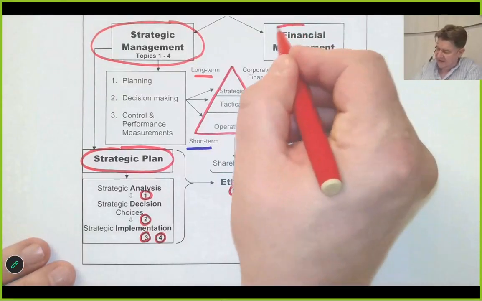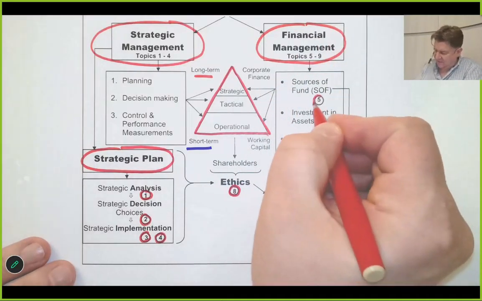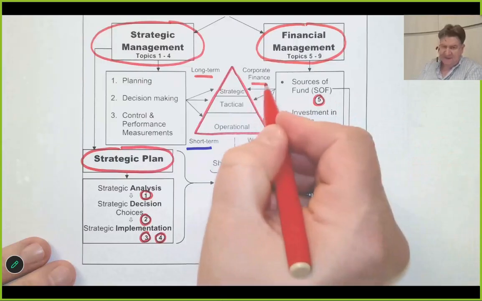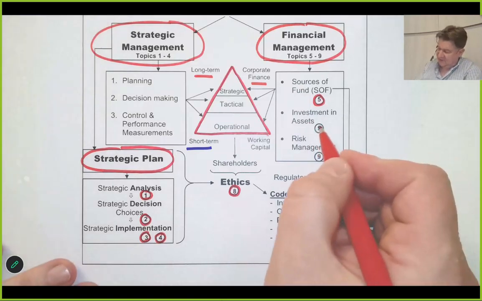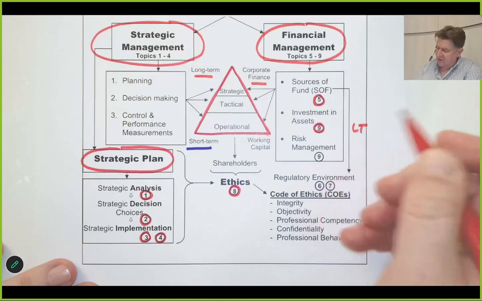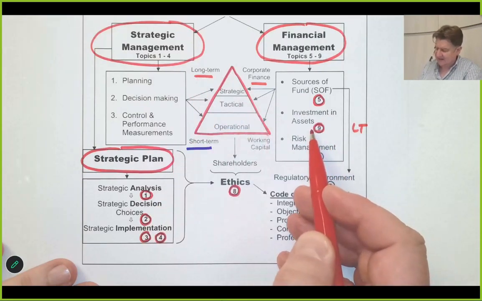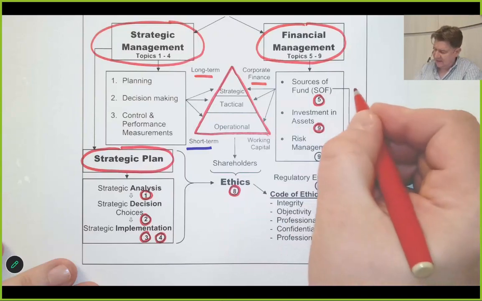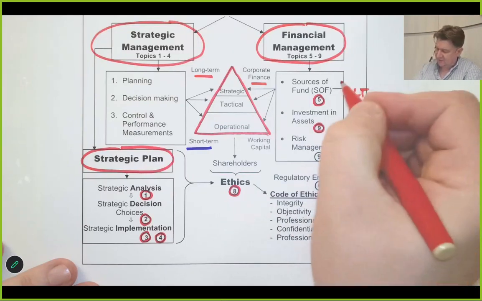And then near the end of the course, we've got the financial management areas, topics 5 to 9. And topic 5, I think we'll have time to start that topic area. It's on corporate finance. And what we're thinking about here is what we're investing in. So if we've got a long-term plan, and that involves some long-term investment assets, we should always be matching it by using long-term sources of funds.